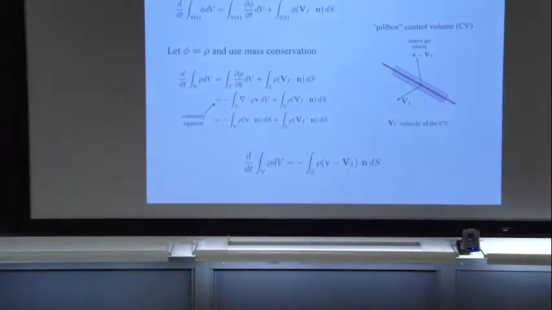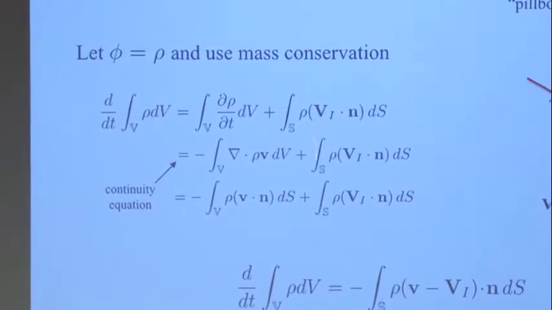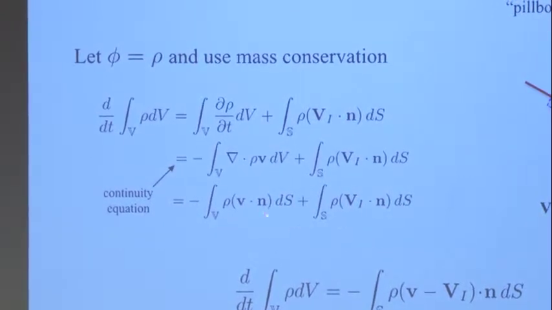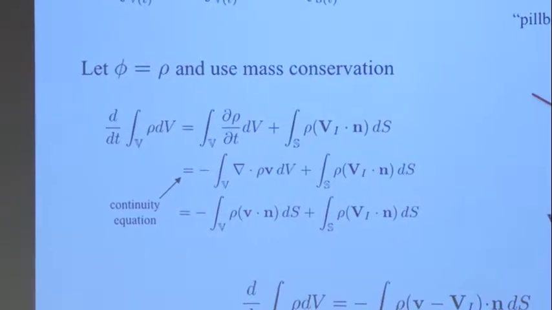So here is the surface integral, which is equivalent to that divergence, right? Plus the fluxes due to the motion of the interface, V_I. And now I can combine those two surface integrals into one, okay?